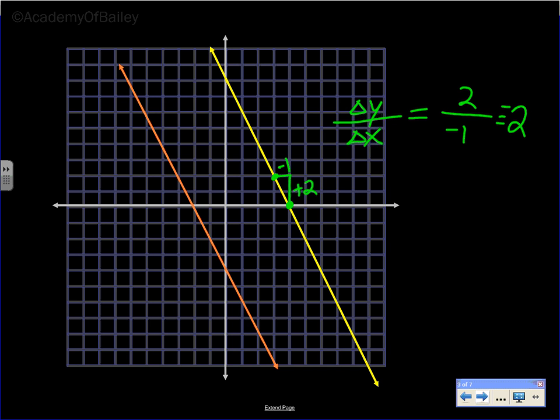Well, let's look at the other line. The other line crosses right there at (-2, 0) and (-1, -2). Change in y over the change in x. Change in y is a positive 2 over the change in x, so that's left 1, negative 2.